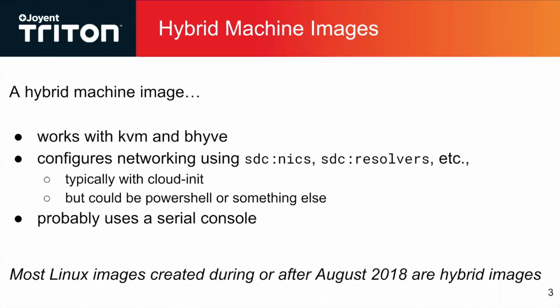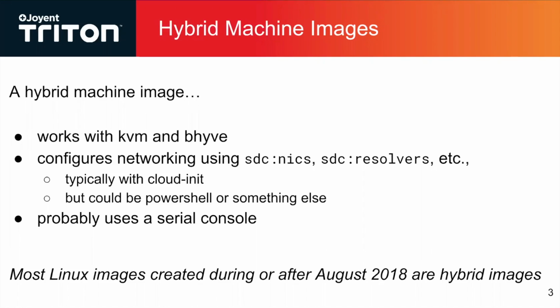The key differences between a KVM image and a hybrid image are that the hybrid image will configure networking using the SDC NICs, SDC resolvers, and perhaps other information from the metadata service. This typically means that we have cloud-init in the VM or in the image, and it will know how to do that. In the case of Windows, we don't actually have hybrid images, but if we did, PowerShell could be used.